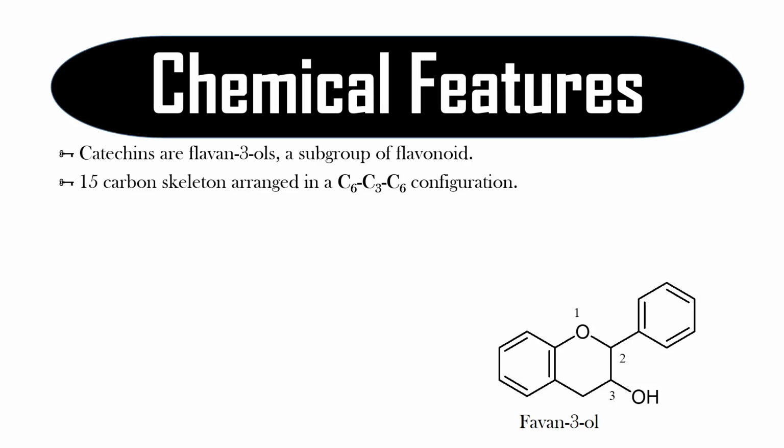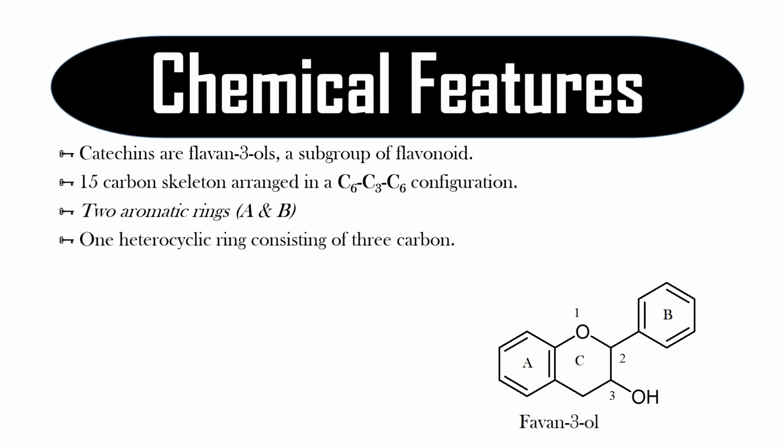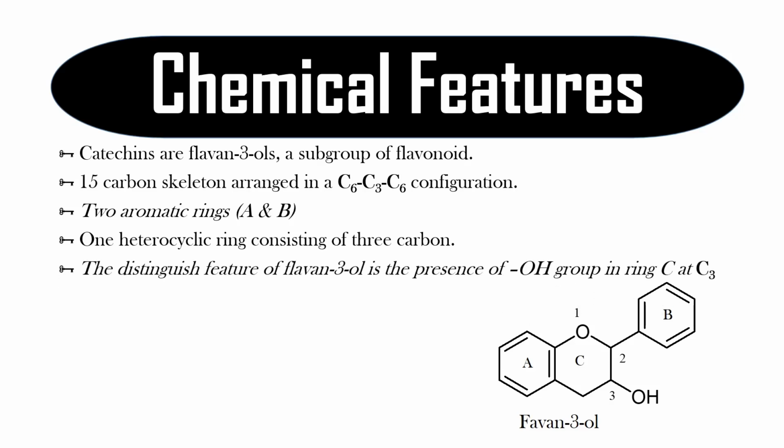Means it has two aromatic rings, which are called ring A and ring B, and one heterocyclic ring consisting of three carbons, which is called ring C. The distinguishing feature of flavan-3-ol is the presence of a hydroxyl group in ring C at carbon 3, or C3.